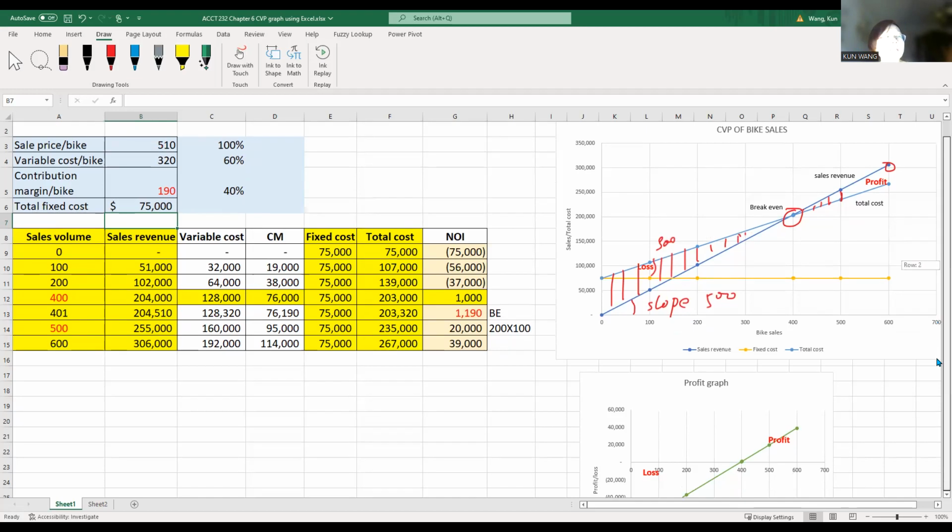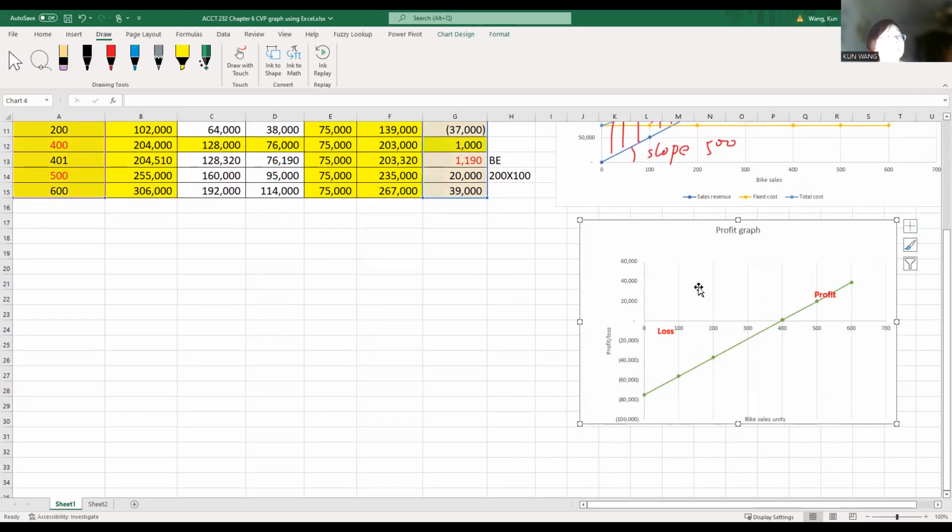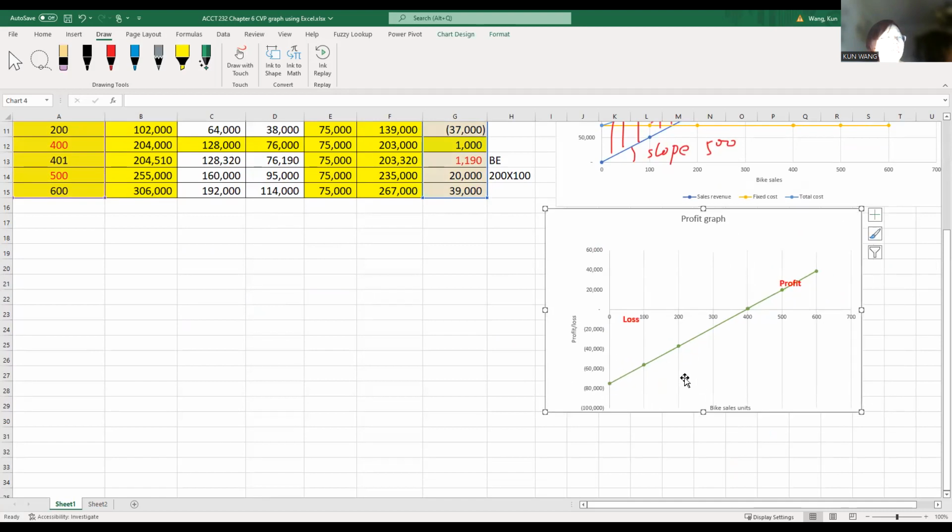And also there is another graphing in addition to the whole CVP. The bottom one, this graphing only focuses on the profit, a single line for profit and the volume. Okay, this one you directly look for the loss.